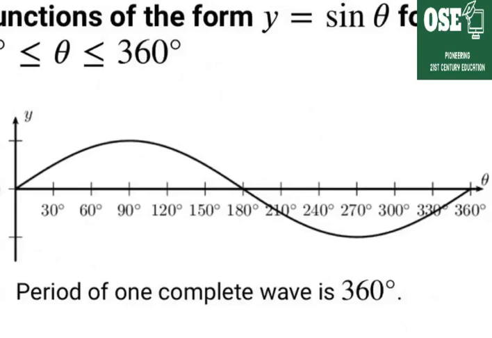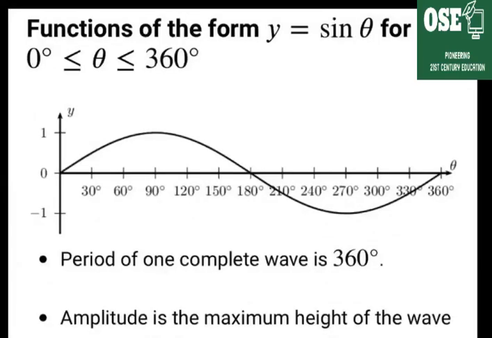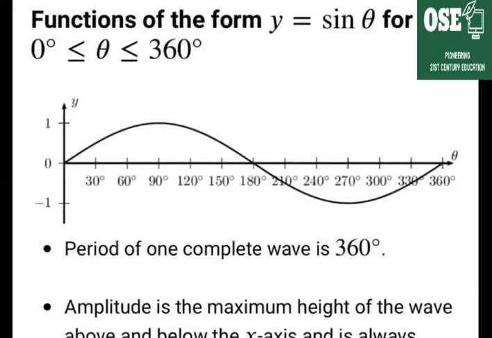I'm going to be going through what it looks like, the shape, and then things like the domain and the range. And then this graph has something called a period. We're going to be going through all those things like we did with algebraic functions.